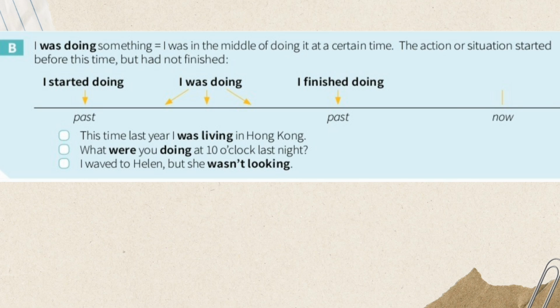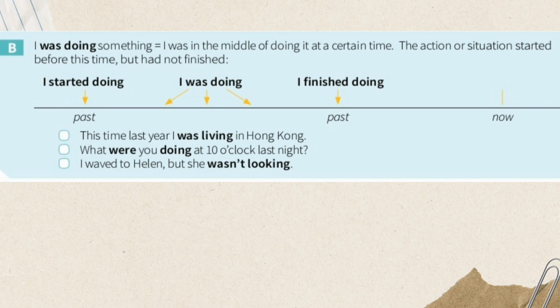The formula is subject plus was or were followed by verb ing, and we use was with singular subjects such as I, he, she, and it. We use were with plural subjects such as you, we, and they. For example, I was reading a book, she was studying English, they were playing football. The verb always ends with ing in past continuous.